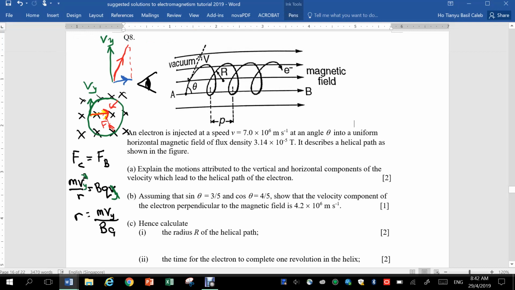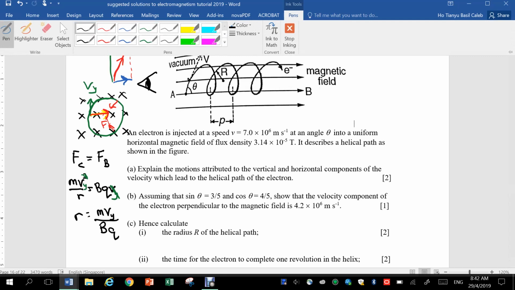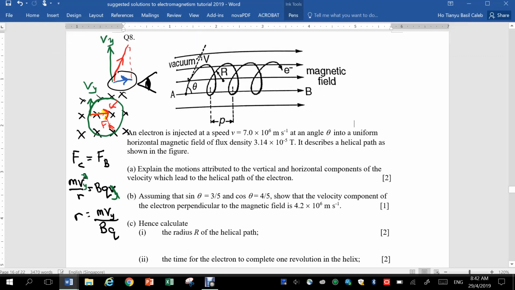So what happens then to the horizontal component here? Well, this means that this circle that is being traced out is moving deeper and deeper away from you. I want you to imagine a circle, but it's moving deeper and deeper into the screen, away from you.